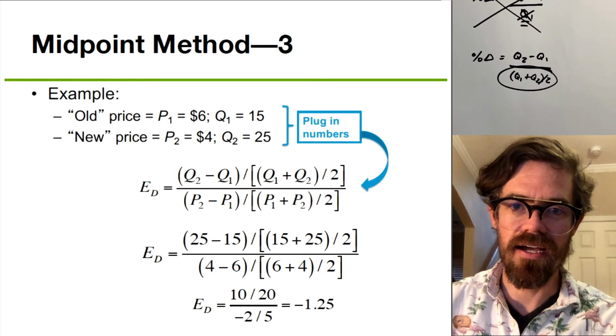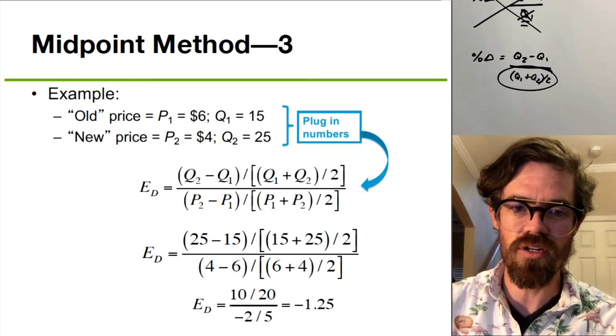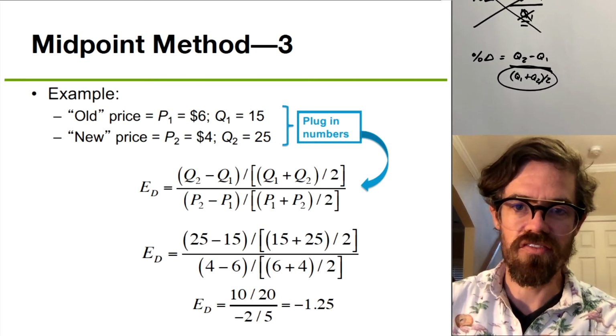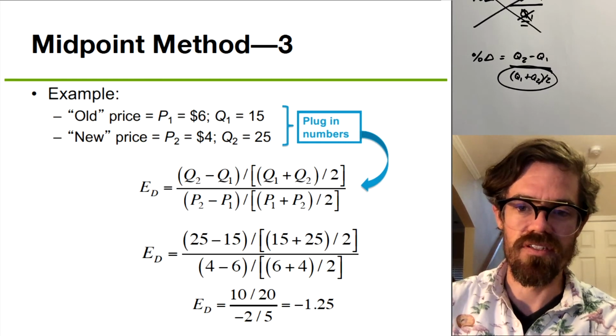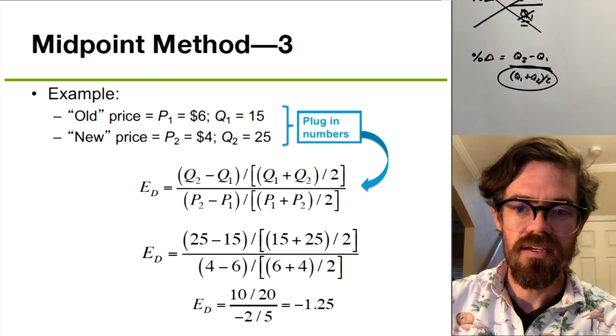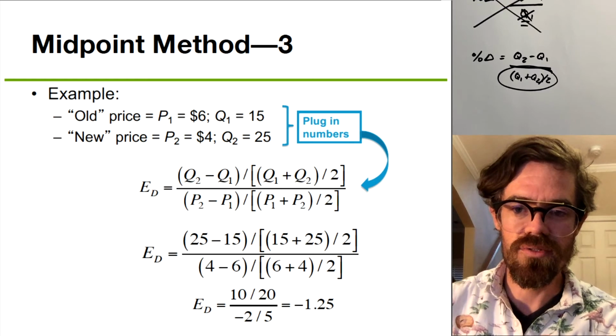So yeah, I recommend practicing this as much as you can. This is one of the more difficult concepts in this class. So do yourself a favor and get lots of practice with this. Okay, and you can make up your own numbers, as long as you make sure that you're remaining consistent as far as the law of demand goes.